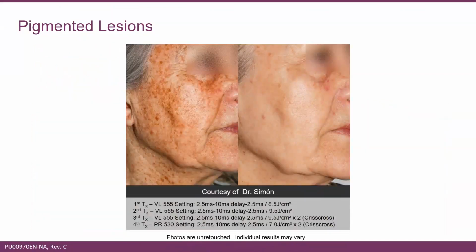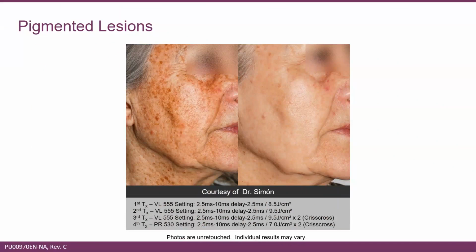Here is a typical lesion that's been treated. And here you can see, as we move from the first to the fourth treatment, and obviously one thing you want to see when you're moving through your course of treatments is that the pigmented lesion gets lighter.